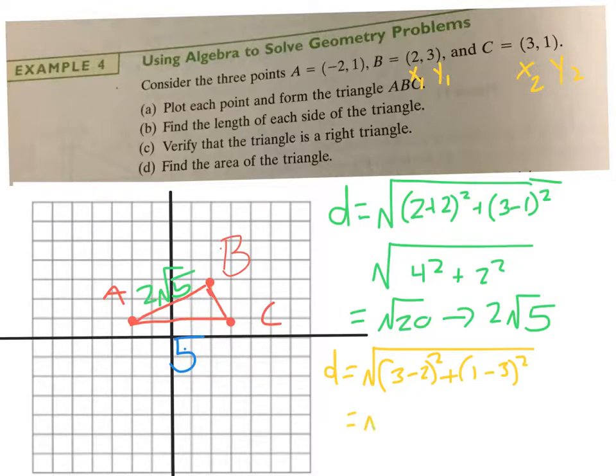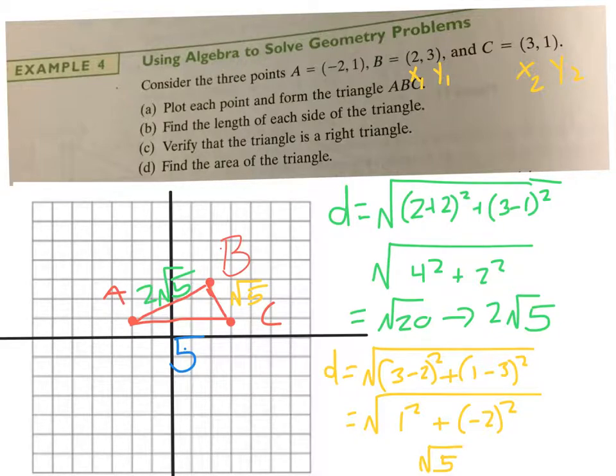So that's going to give me 1 squared plus negative 2 squared. And I'll let you simplify that out. I don't really have room. If you do, that turns into radical 5. Okay, so side BC is going to be the square root of 5. So now I've found the length of each side of my triangle. Any questions about that?